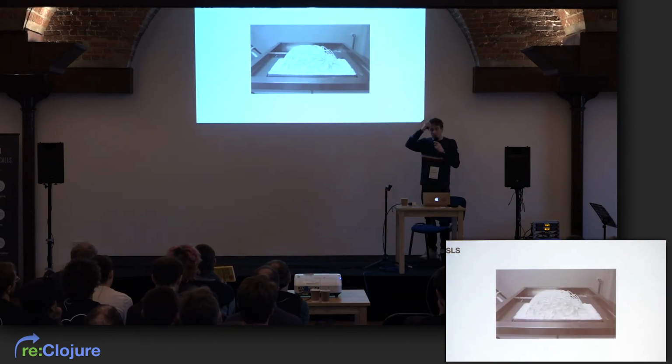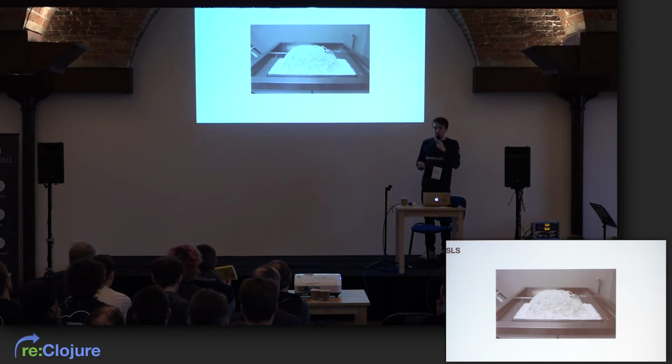And the last common way of printing is SLS, which is basically a laser that goes through powder and solidifies the powder. It's really great because the quality is great, and you can also have some really complex shapes because the powder acts like a support, so you don't need supports like you do with FDM.